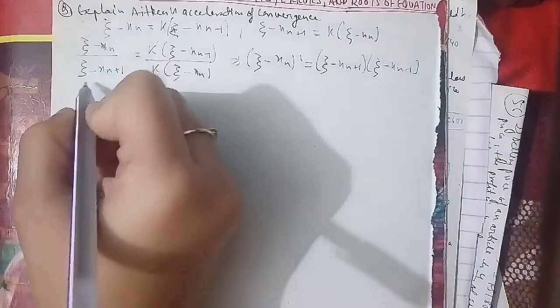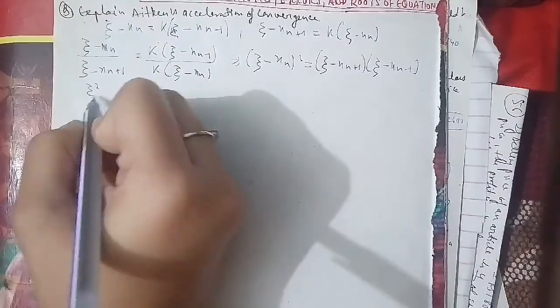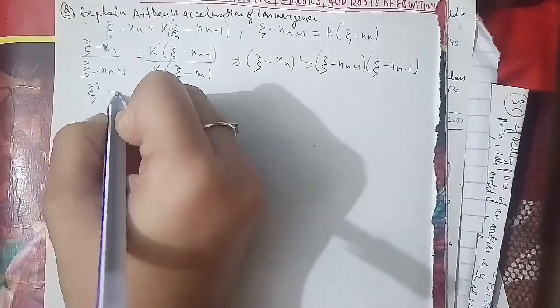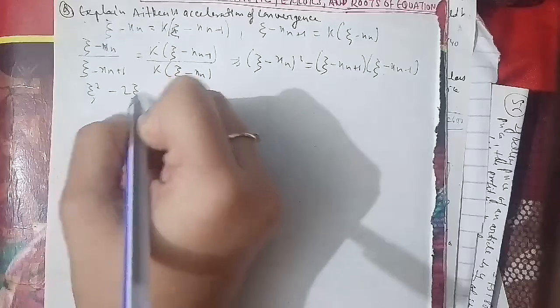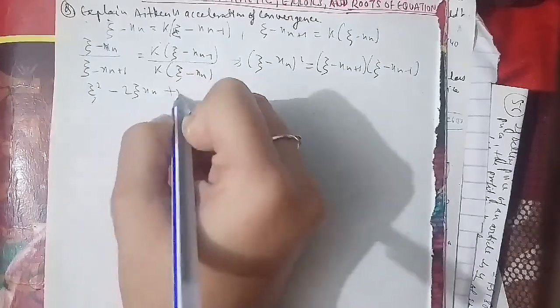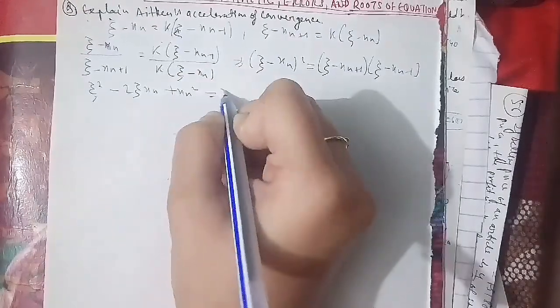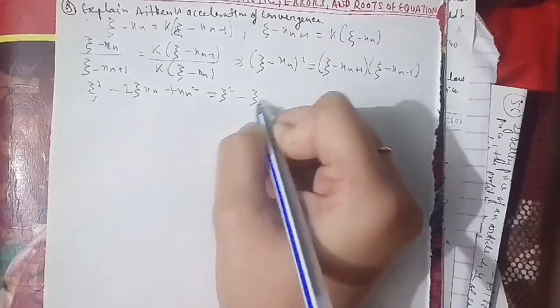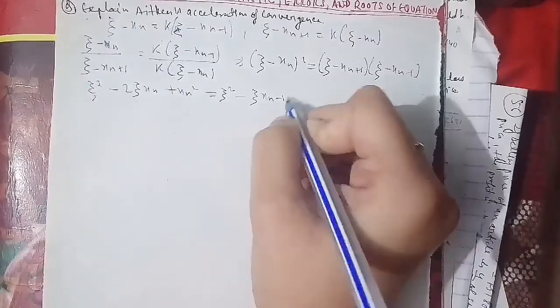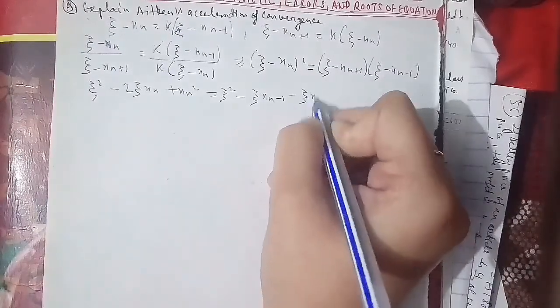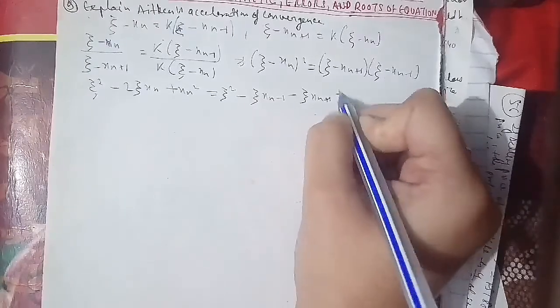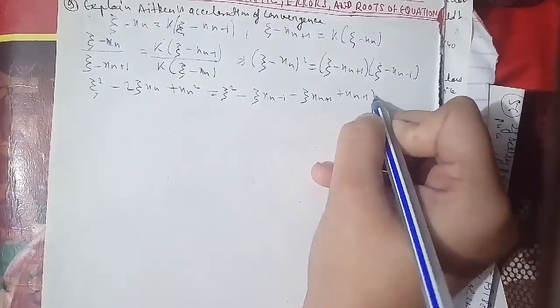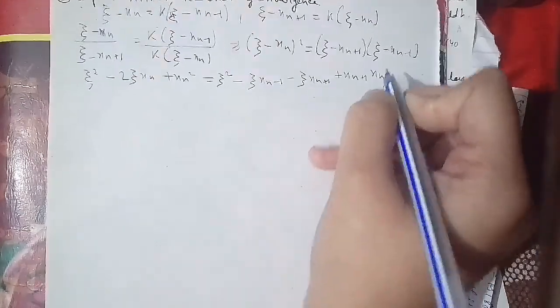Expanding, alpha squared minus 2 alpha xn plus xn squared equals alpha squared minus alpha xn minus 1 minus alpha xn plus 1 plus xn plus 1 xn minus 1.